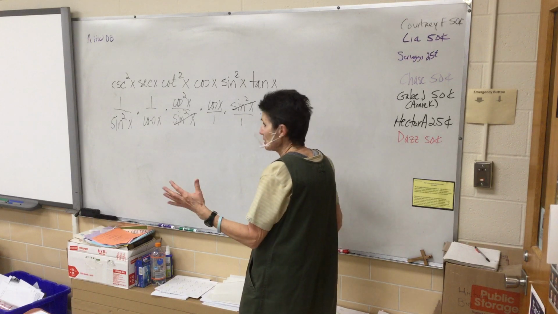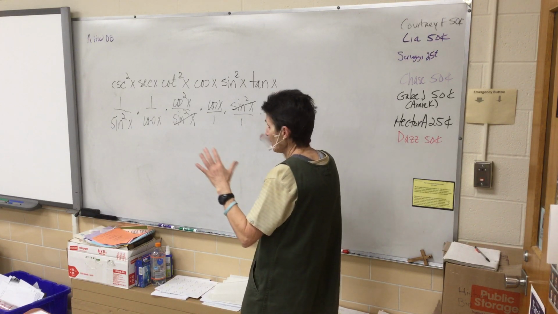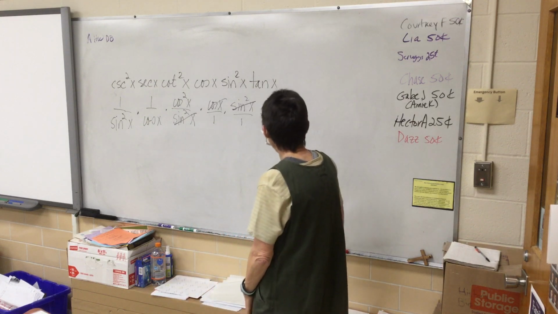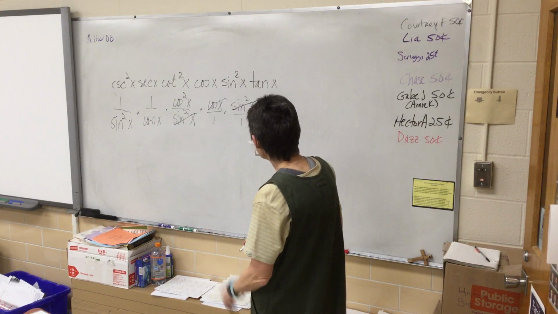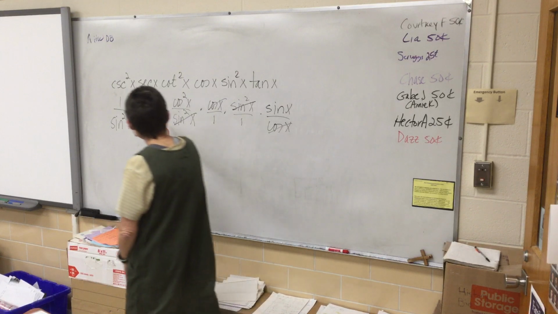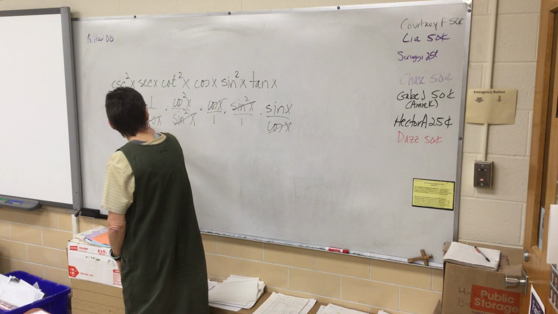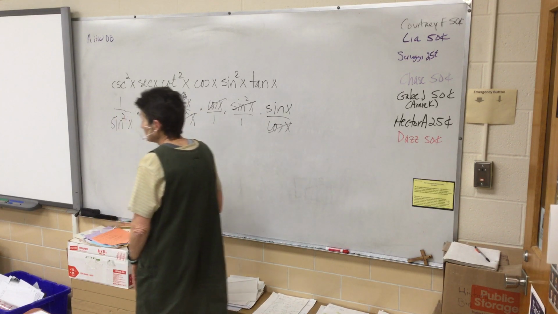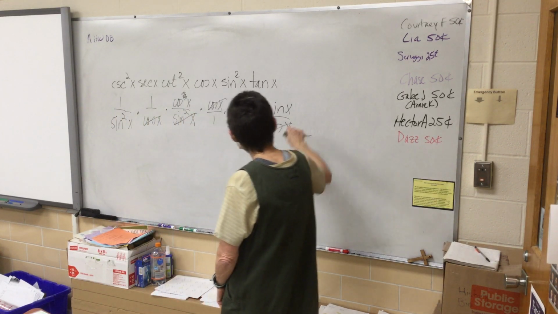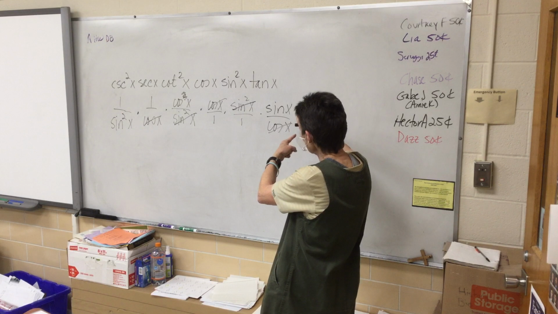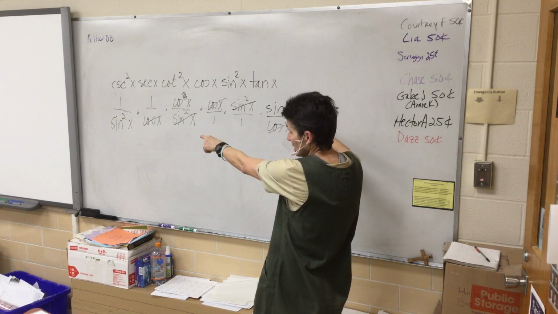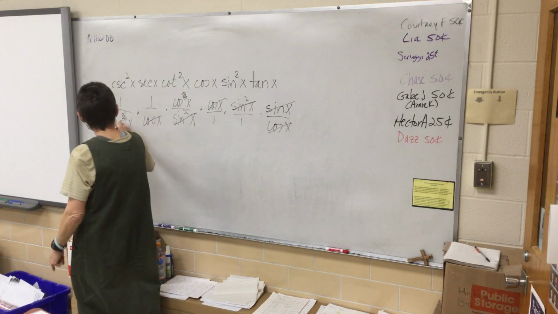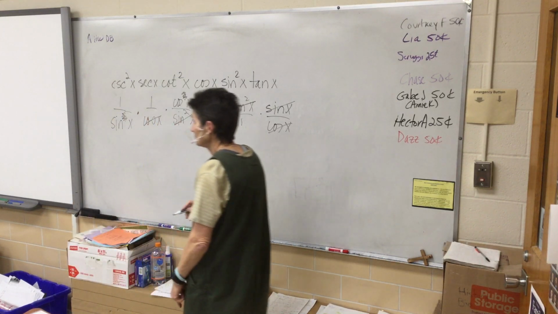You can cancel them out in any order. Just on top cancels with on bottom. So there's cosine and cosine. Now, I have a cosine on the bottom and 2 cosines here, so I can cancel out 1 of those. And then the same thing happens down here. I have a sine and a sine squared. So that's gone, but one of them stays.